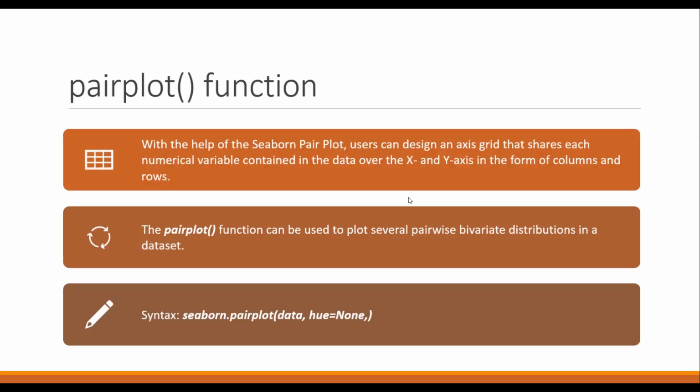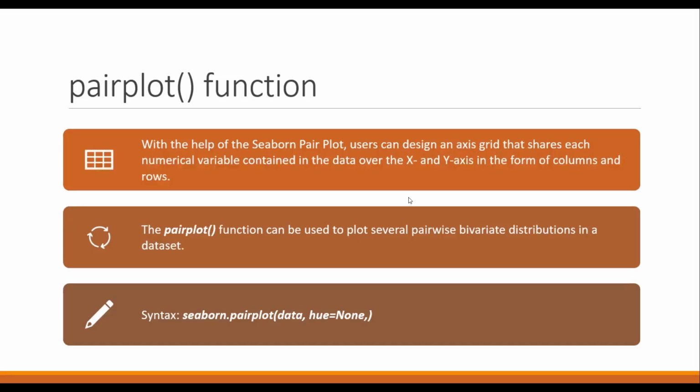So we can make a scatter plot to show pairwise correlation in addition to the distribution plot which shows the data distribution in the columns diagonally. The pair plot function can be used to plot several pairwise bivariate distributions in the data set. The diagonal plots are the univariate plots, and this displays the relationship for the n by 2 combinations of the variables in the data frame as a matrix of plots.